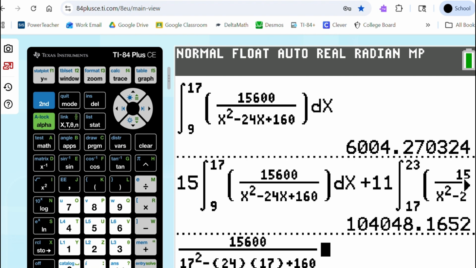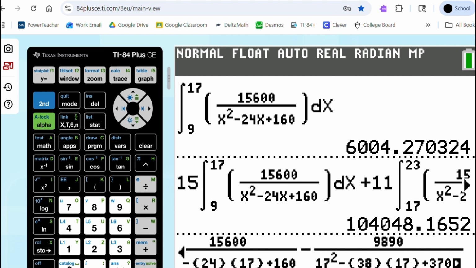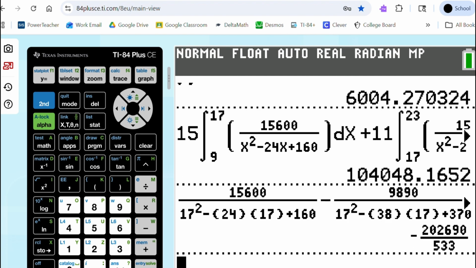And then we'll subtract from that L of 17, and L was also a fraction, so we'll do alpha x to get the little fraction for L. And L was 9,890 over t squared, so we'll do 17 squared, minus 38t, so we'll do 38 times 17, and then plus 370. And it looks like that comes out to be, and it's given us a fraction here.